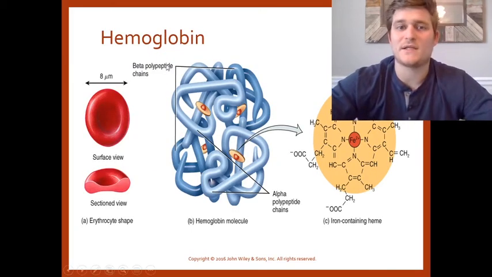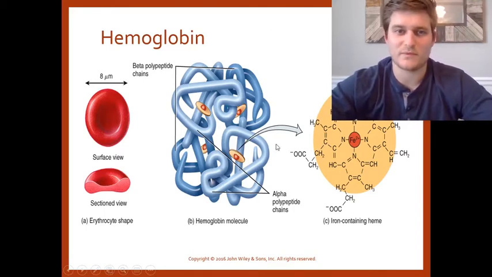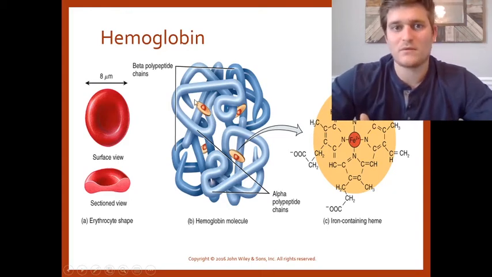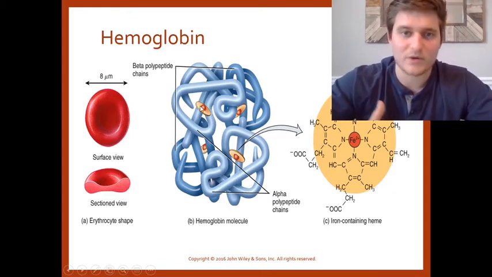Here we could see the molecular structure of that protein hemoglobin, which is responsible for carrying the oxygen. We could see that the hemoglobin is divided into 4 subunits, each of which contains an iron in the center. There are 2 beta subunits and 2 alpha subunits, each of which could carry 1 molecule of oxygen per iron.